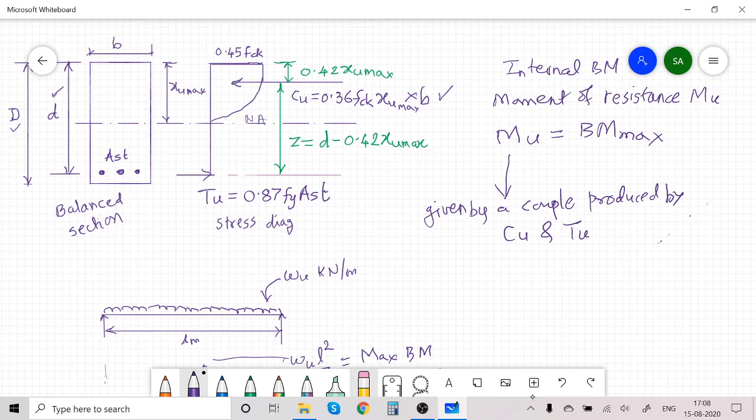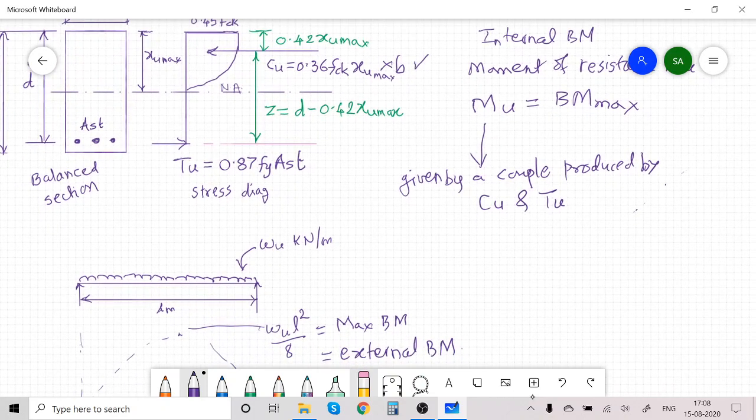Cu and Tu both are equal unlike parallel forces, and the moment of a couple, in this case Mu, is equal to either the force Cu into Z, where Z is the lever arm, that is the perpendicular distance between the two forces forming the couple, or it is also equal to Tu into Z.